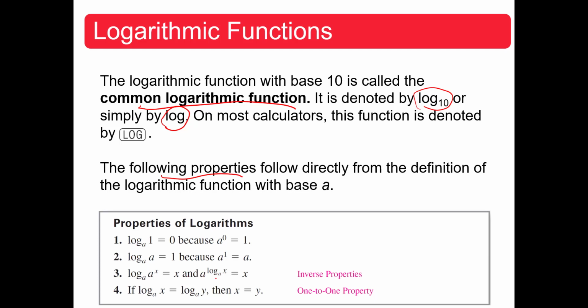Likewise, a raised to log base a of x: the exponent and the logarithm with the same base cancel each other, and we end up with x. This is what we call the inverse. And if log base a of x equals log base a of y, then x equals y. This is what we call the one-to-one property.